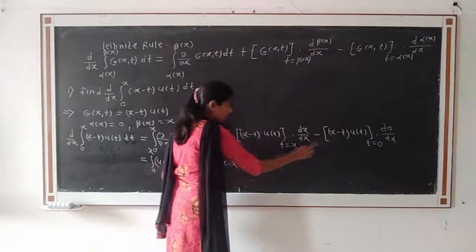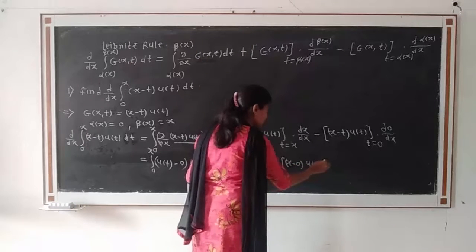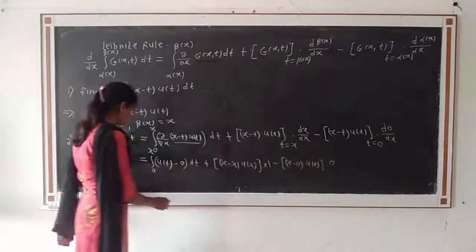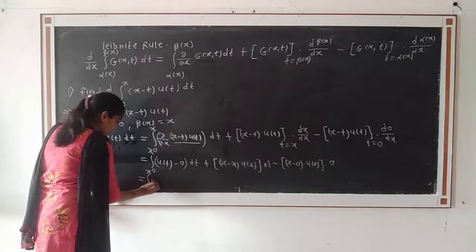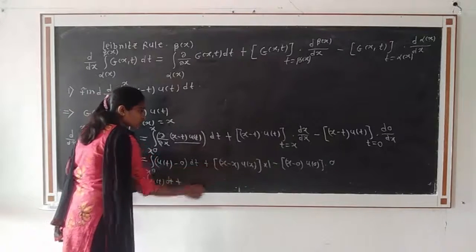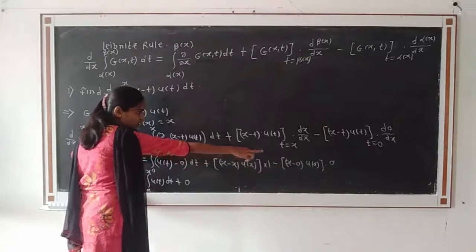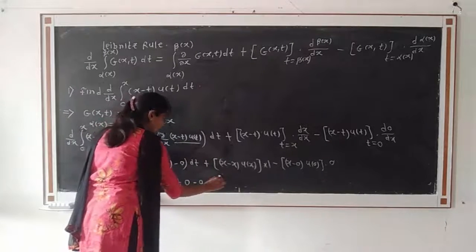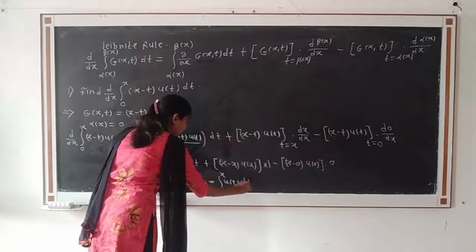Minus, similarly, we put t equal to 0, that is (x minus 0) into u of 0, and the derivative of 0 with respect to x is 0, that is into 0. This is equal to the integral from 0 to x of u of t dt, plus (x minus x) is 0, therefore this term becomes 0, plus 0, and minus 0 in the bracket. Therefore we get the integral from 0 to x of u of t dt.